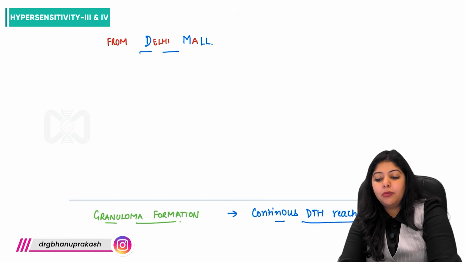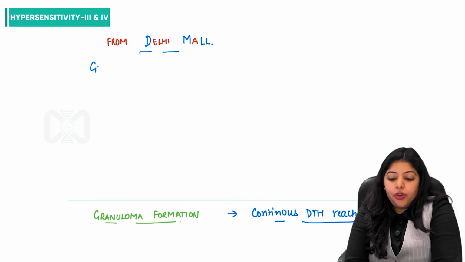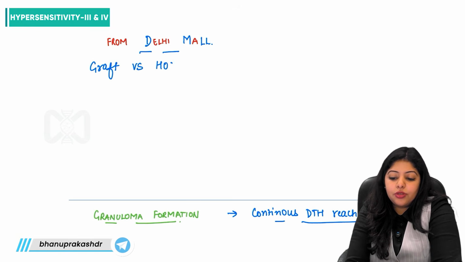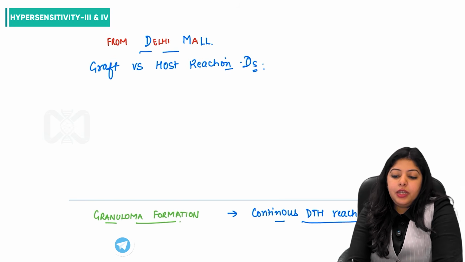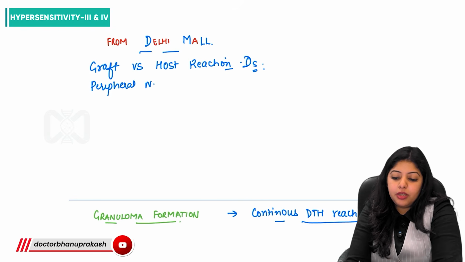It is: get perfect hash browns and croissant from Delhi Mall. So G stands for graft versus host reactions. Graft versus host disease, right? Then P stands for peripheral neuropathies.